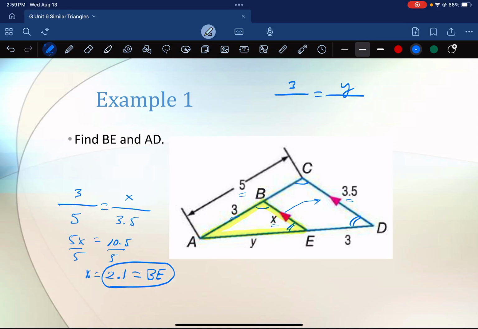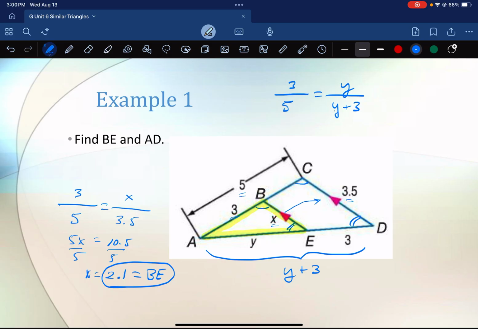What does 3 correspond to? It corresponds to 5. And what does y correspond to? Well, y corresponds to this entire side. It's made up of y and 3, so the expression for the entire side is y plus 3.